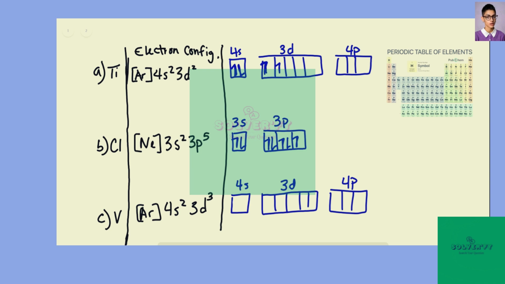That's not what would go there. Sorry. There we go. So we have these two electrons that pair. And then we put 3 electrons in there.